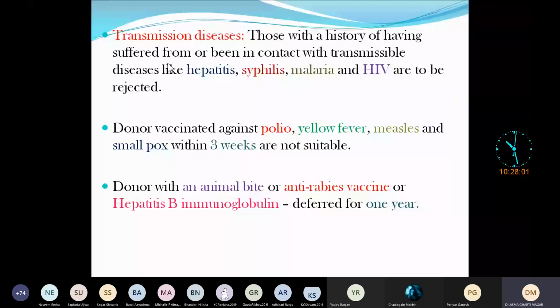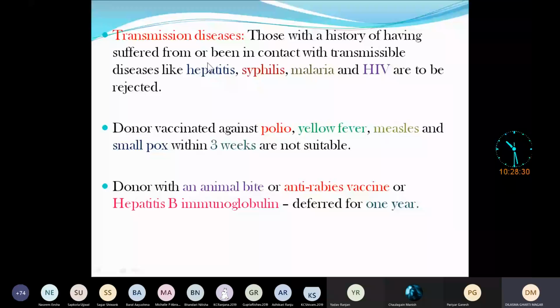At that time we should not take blood from these persons. Understood here? Whenever these transmissible diseases are there, either the person has them or is in contact with such persons, the person cannot donate blood.